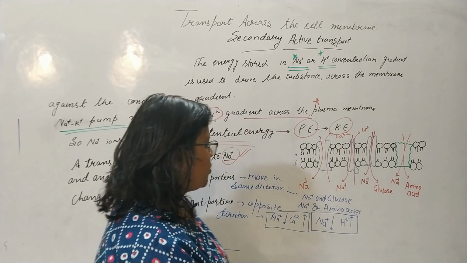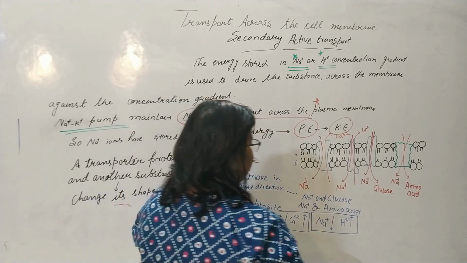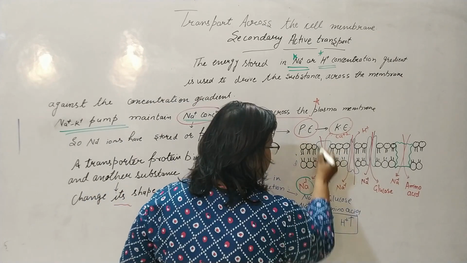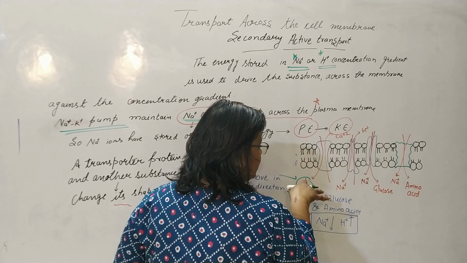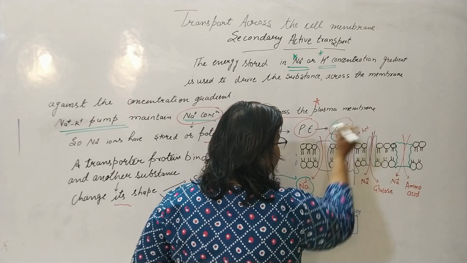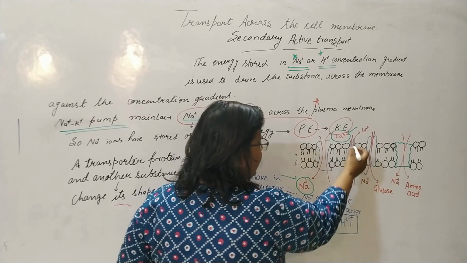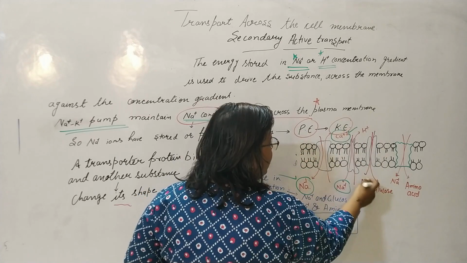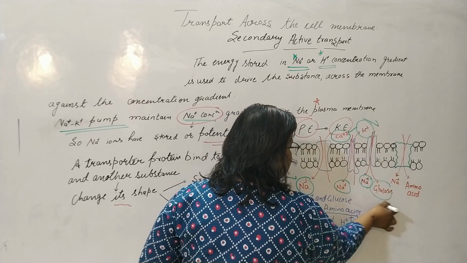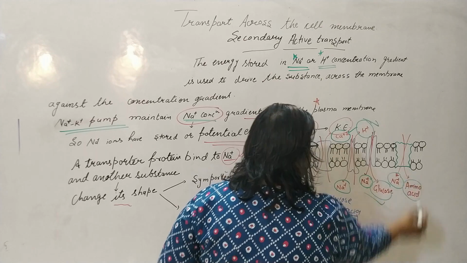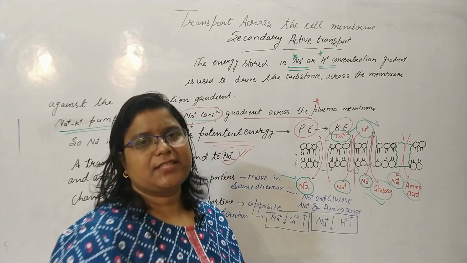Here the sodium ion moves inside the cytosol and the calcium ion moves out, and the sodium ion moves in and the hydrogen ion moves out. And here sodium and glucose flow in the same direction, and sodium and amino acid in the same direction.